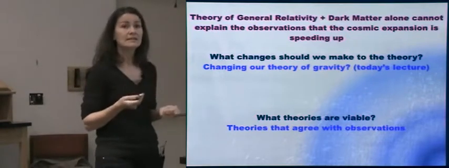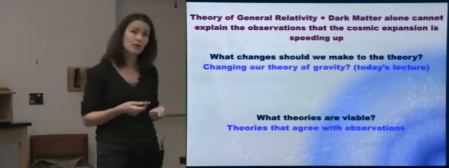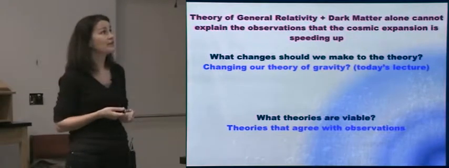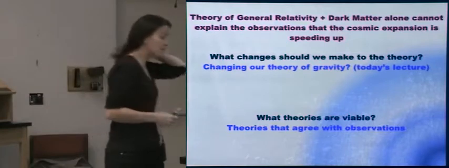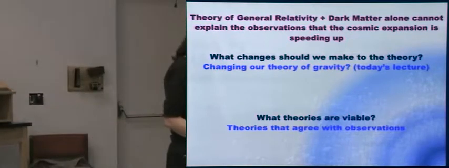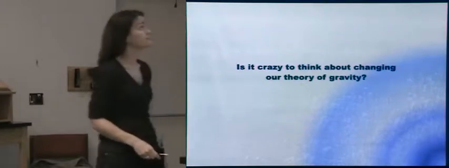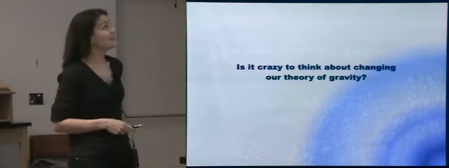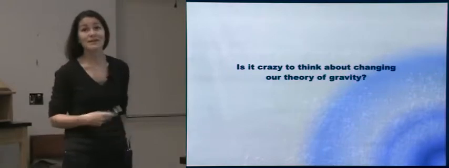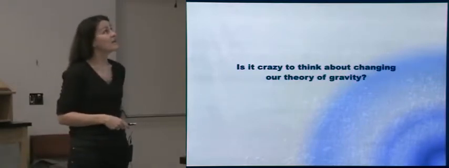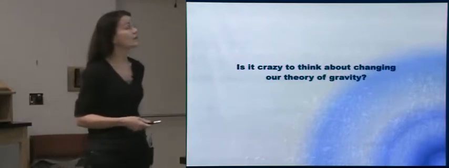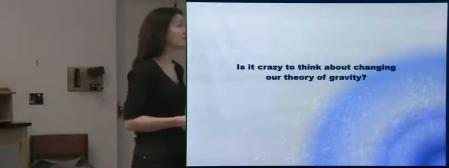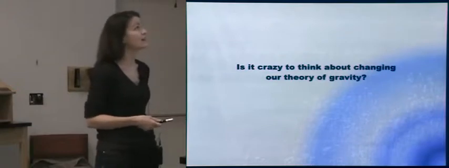What if I modify our theory of gravity? And then, as always, you need to take into account, well, I can't just make changes to my theory of gravity. I also have to agree with observations. And this is a really key thing, because general relativity has been extremely successful in explaining gravity in our universe. So is it crazy to think about changing our theory of gravity? I mean, it may sound very crazy. I think the general idea amongst theorists in cosmology has really changed over the last few decades.